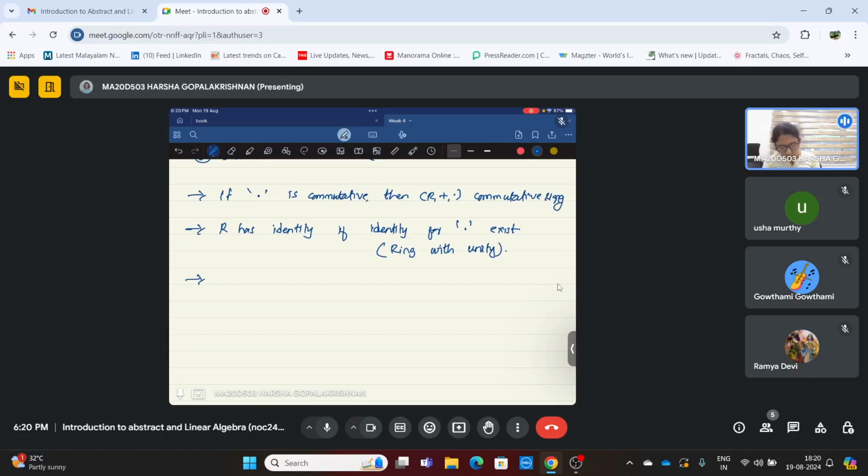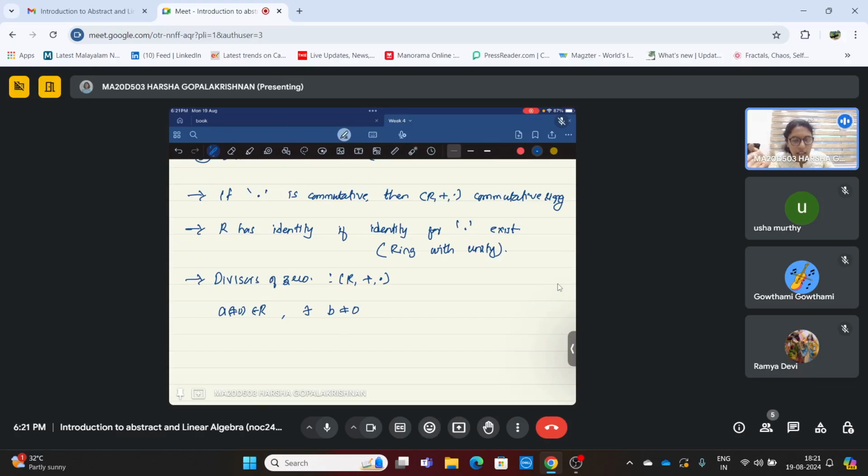Now the next is divisors of 0. Again (R, +, ·) is a ring. A is a non-zero element in R. Here 0 means the identity in the addition, and 1 we will say is always the identity in the multiplication. 0 is the notation for the identity in the addition.